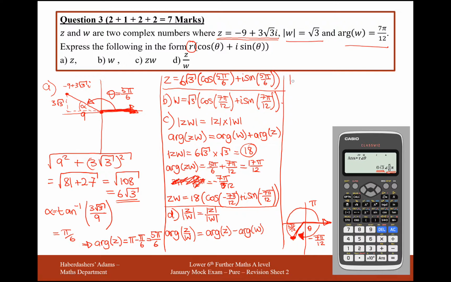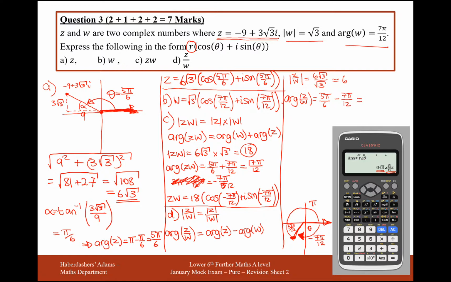Okay, so for mod of Z over W, we can now just use these rules your teacher has proven to you in lesson. So it's going to be 6 root 3 over root 3, which would just be 6, and arg of Z over W is going to be, so the Z1 was 5 pi by 6, and the other one was 7 pi by 12, so we're going to subtract one from the other.